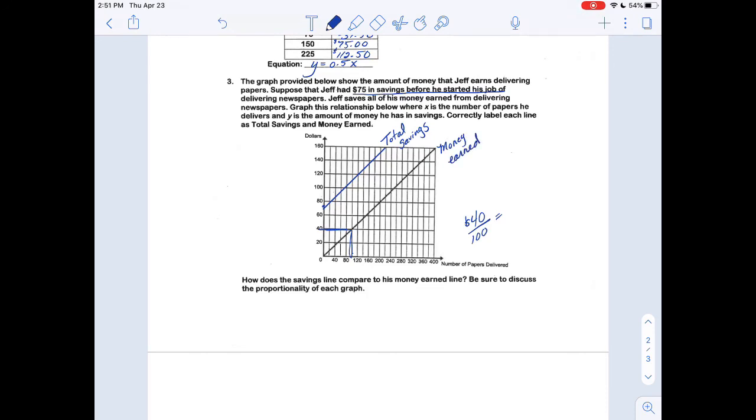So how does the saving line compare to the money that he actually earned? Well, I'm hoping you know they're both linear. They're both straight. But the savings is not proportional.